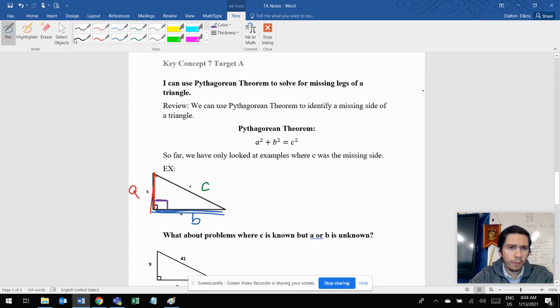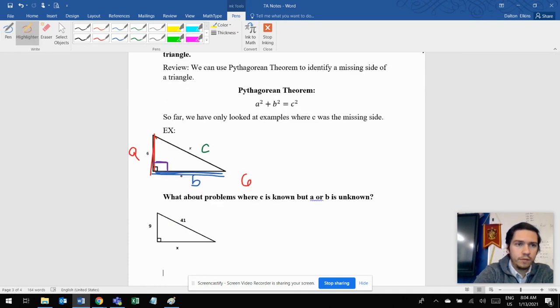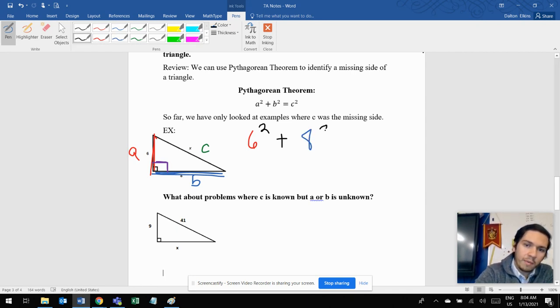So in examples that we looked at like this, where we've had 6, then 6 to the power 2 plus 8 to the power 2 is then equal to c to the power 2.